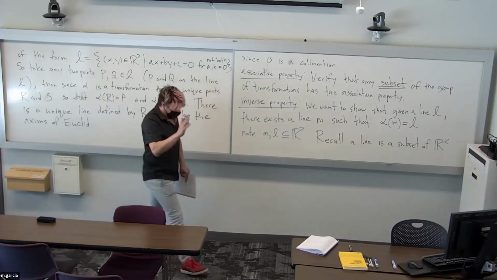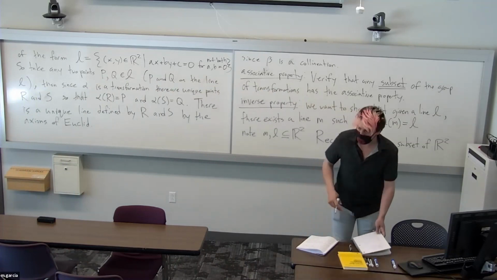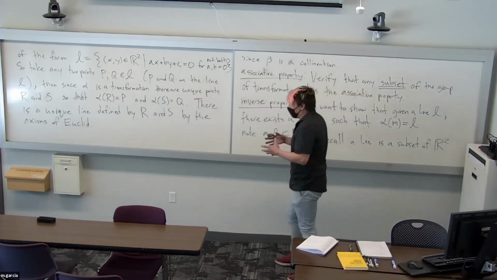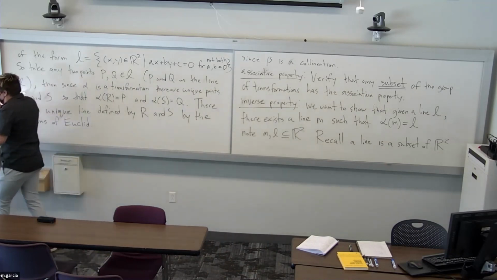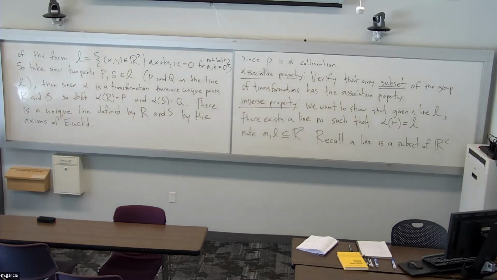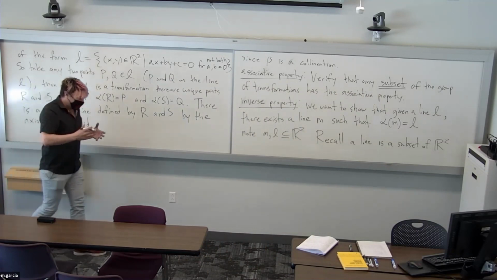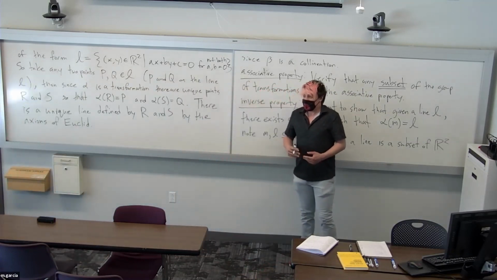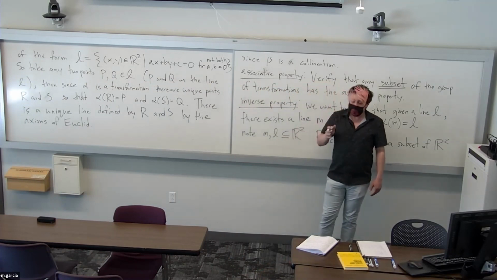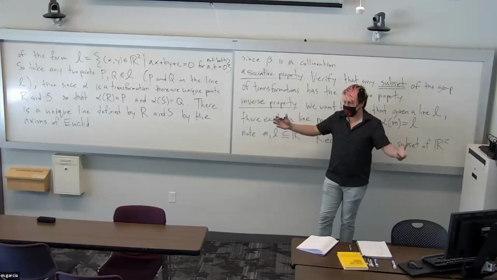Side note. When I was preparing for this class last night, I realized, I can't believe it took me so long, that the textbook does not tell you what the axioms of Euclidean geometry are. So today after class, I'm going to send out an announcement to the Wikipedia page.